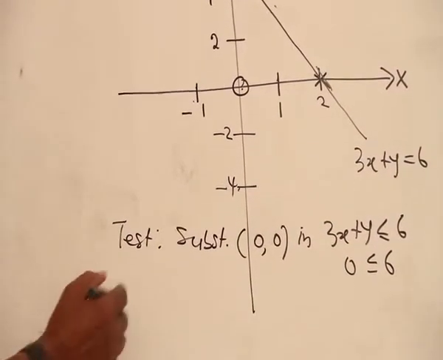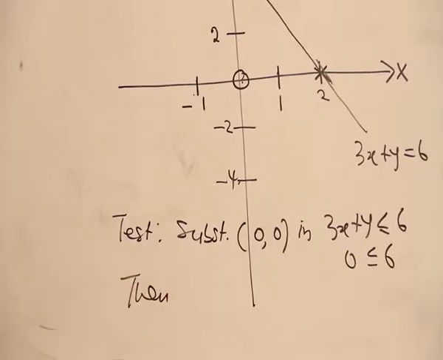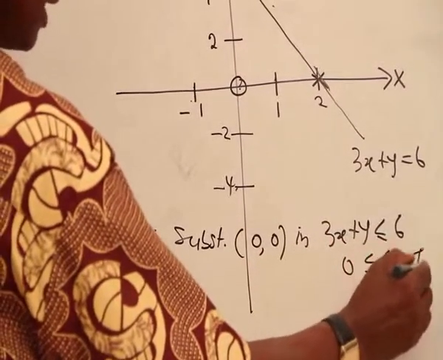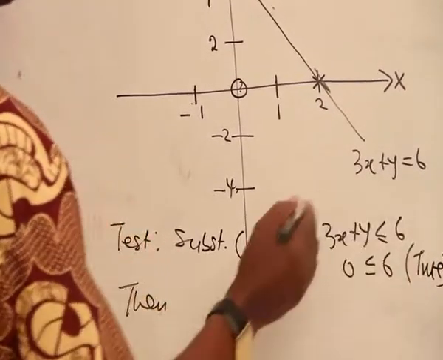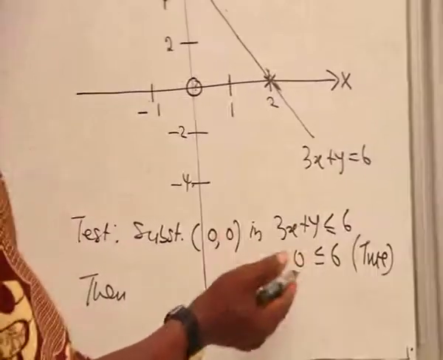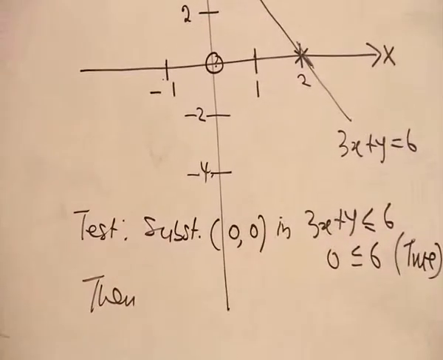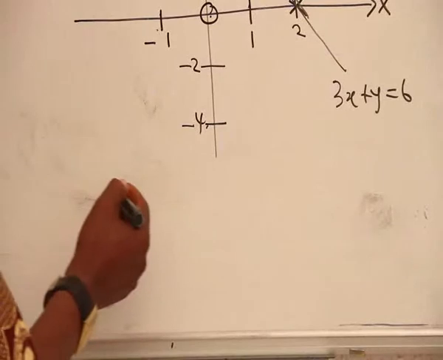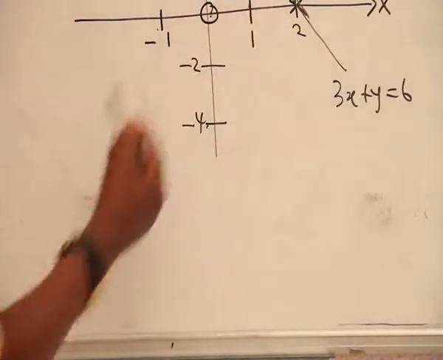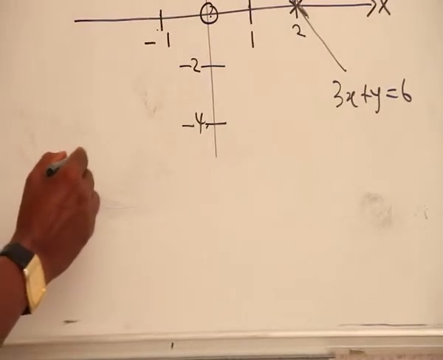Hence, if this is true, and actually it is true because 0 is less than 6, then in order for us to ascertain the region to shade, either above or below the line, we carry out a simple test.